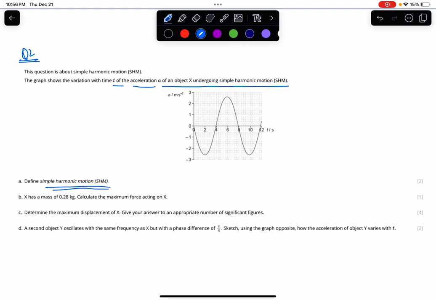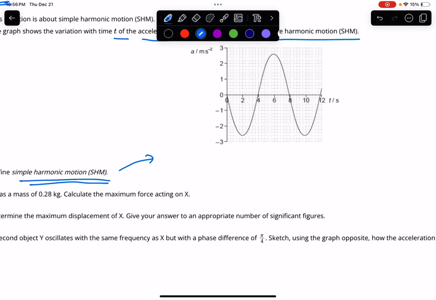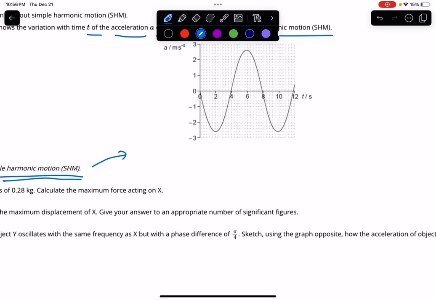So the first question is very important, to describe simple harmonic motion. And in this case, this question comes a lot of times, so you should definitely know this, right? It's an easy question. You can always just remember the mark scheme, right?